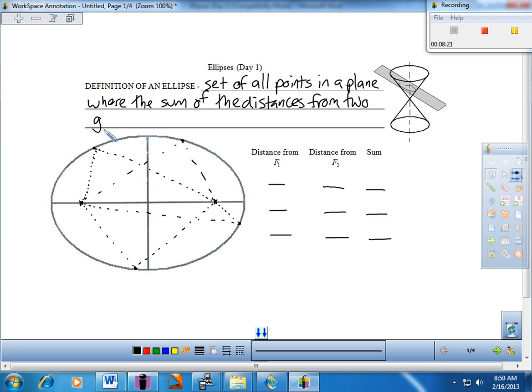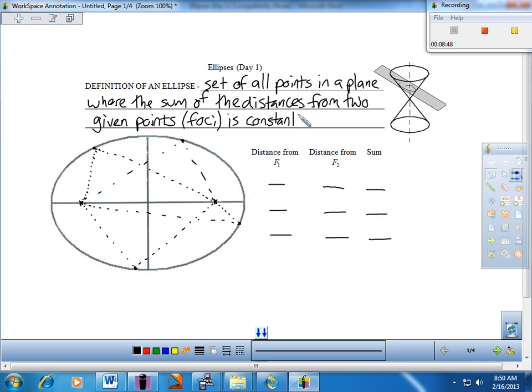So from two given points, and we'll talk a lot about those two given points, by the way. They're what are called the foci. So notice they're not on the ellipse, but their position generates the shape of the ellipse. And so let me just make sure I have this correct for you. The set of all points in a plane where the sum of the distances from two given points, those foci, and that sum is constant.